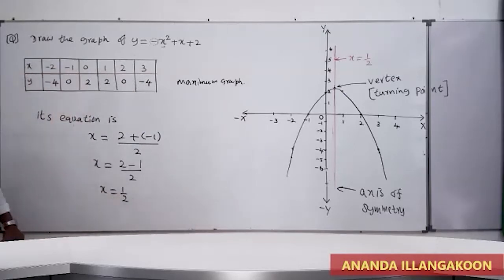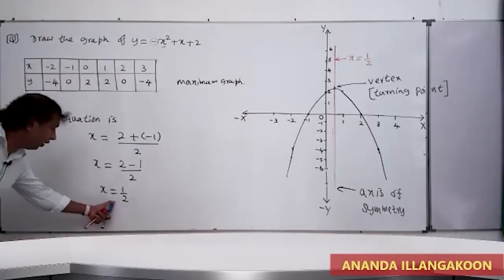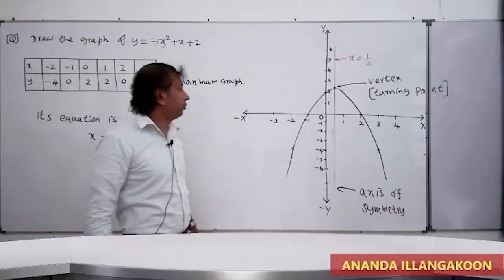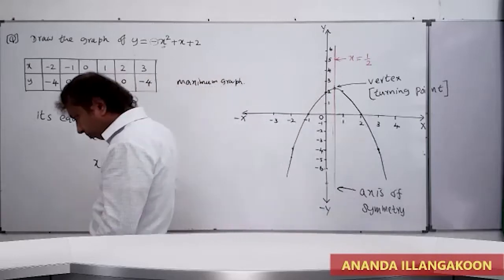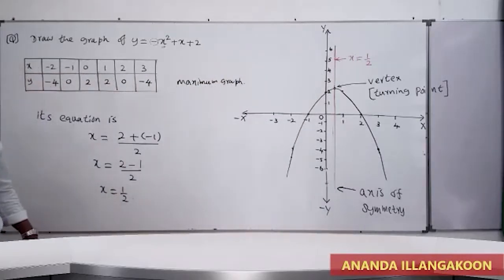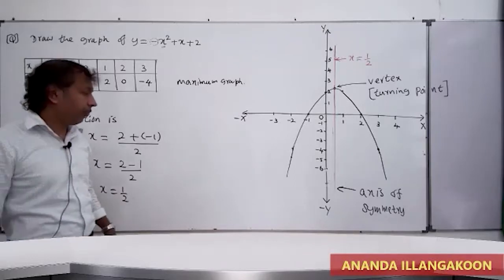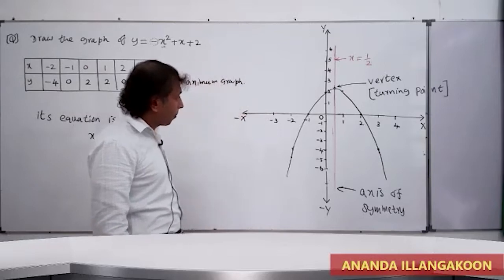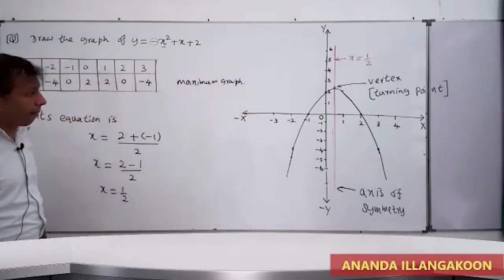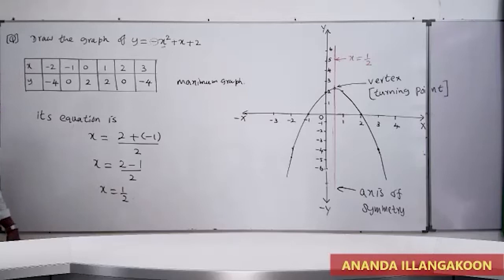Write down. Number 3. The graph cuts the x-axis at 2 points.